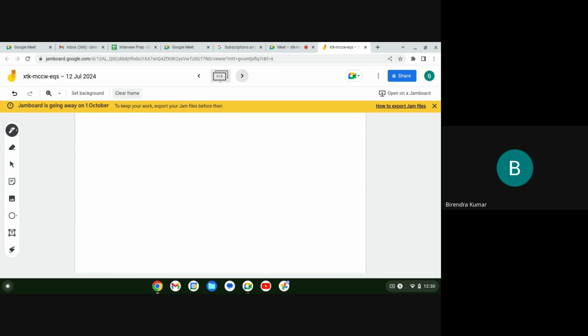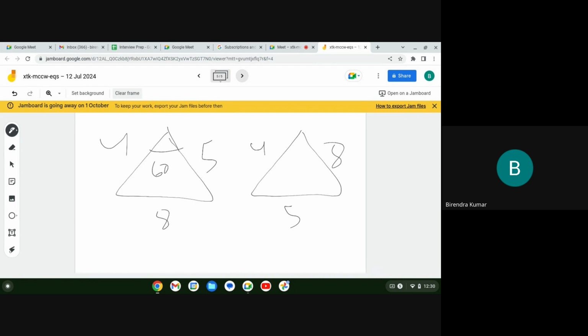So the way questions come in the exam for you, let's say somebody says this is a triangle, 4, 5, 8 centimeter. Oh no, not this one, I made a mistake here.